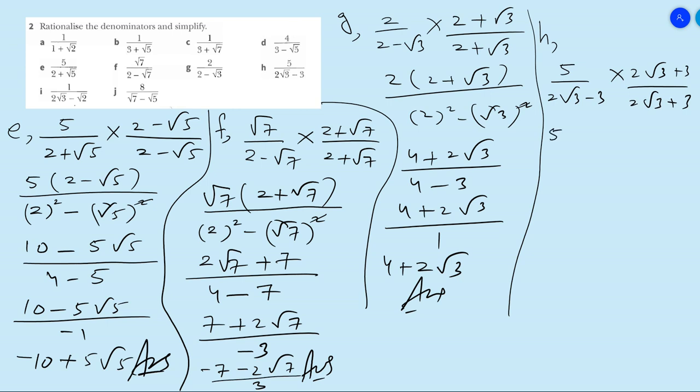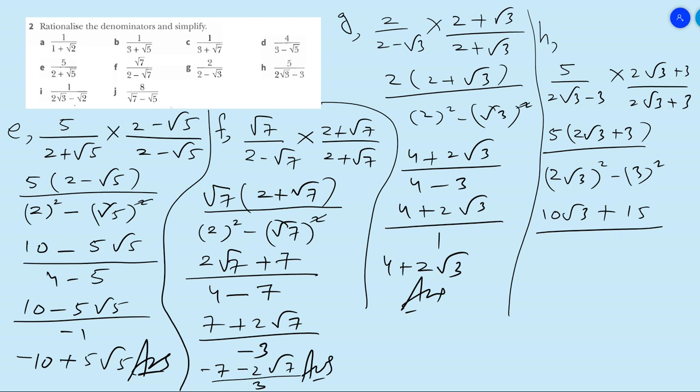Multiply numerator 5 by the numerator 2 root 3 plus 3, upon again 2 root 3 minus 3 times 2 root 3 plus 3, it will be a square: 2 root 3 square minus 3 square. 5 times 2 root 3 is 10 root 3, plus 5 times 3 is 15, upon 2 root 3 square.